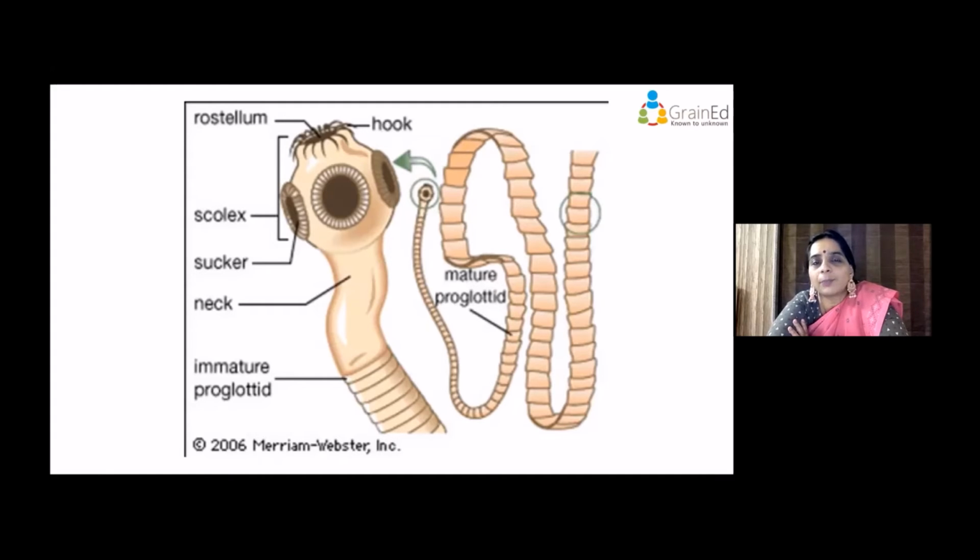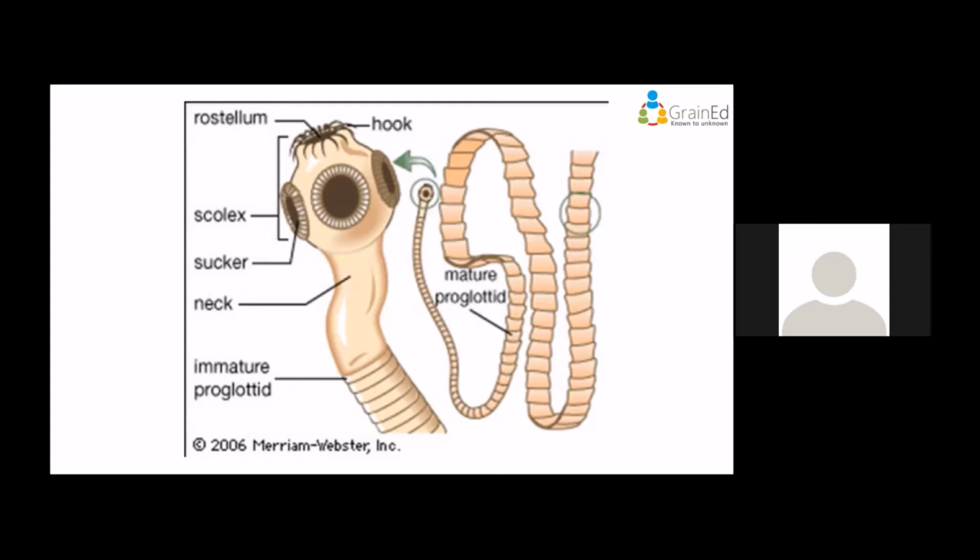My question is, the person who is a vegetarian, is he safe from tapeworm infestation? Tapeworms need an intermediate host, right? Otherwise its eggs or proglottids can't directly get inside the human body.